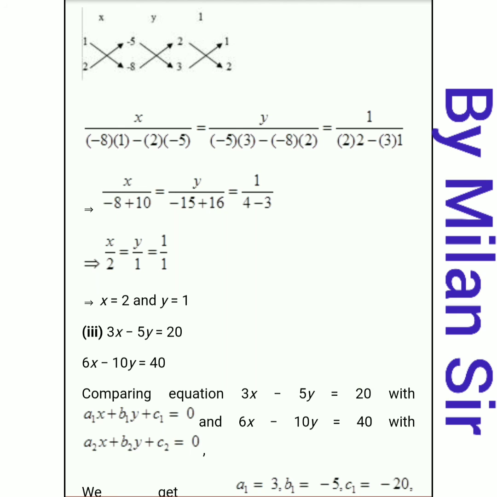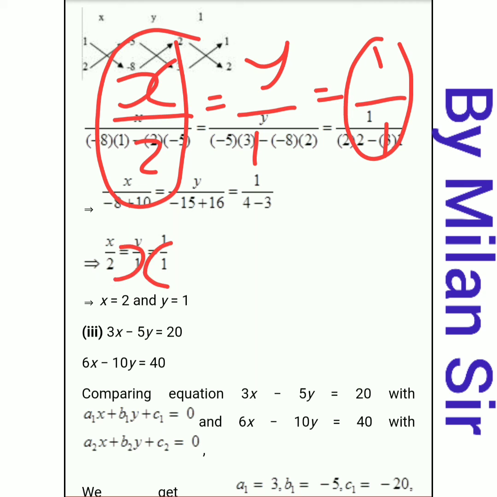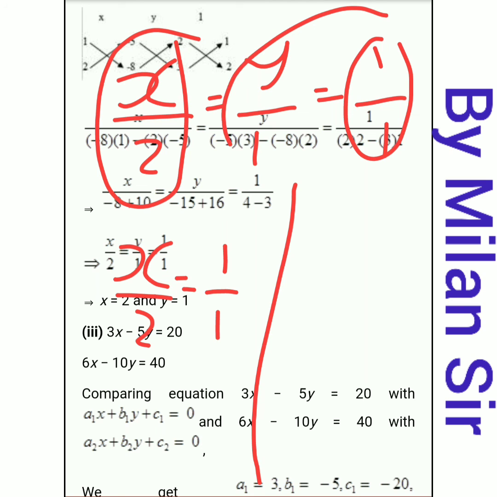Now here we have x by 2, y by 1 and 1 by 1. Now these three terms are same, right? First of all we need to compare these two terms. So just write down x by 2 is equals to 1 by 1. And in second part we need to compare these two, y upon 1, 1 by 1.